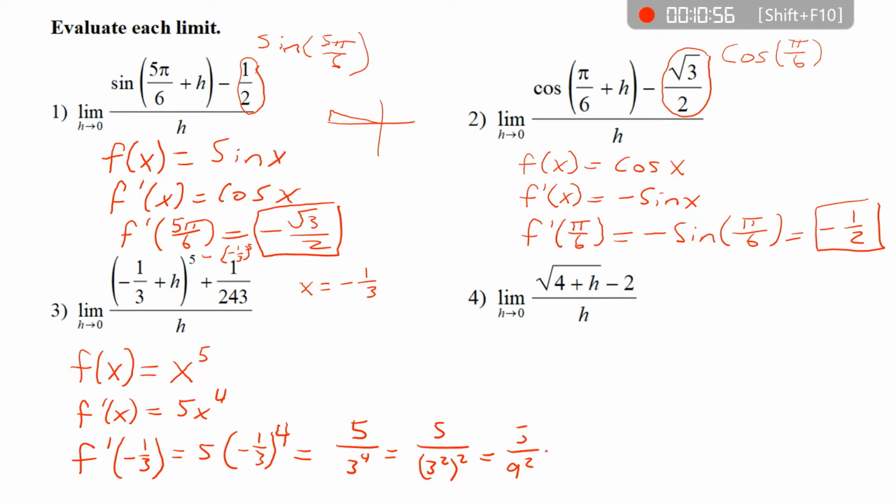What is 9 squared? Oh, 81. Okay, if that's easier for you, we can always break it up like that. Okay, cool. Any questions on 1, 2, or 3? No. Okay.